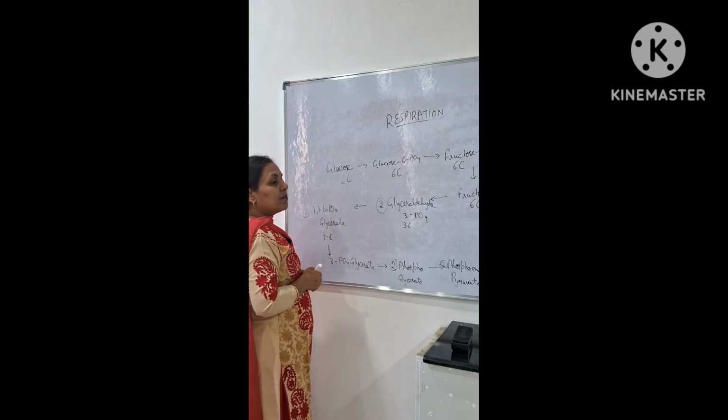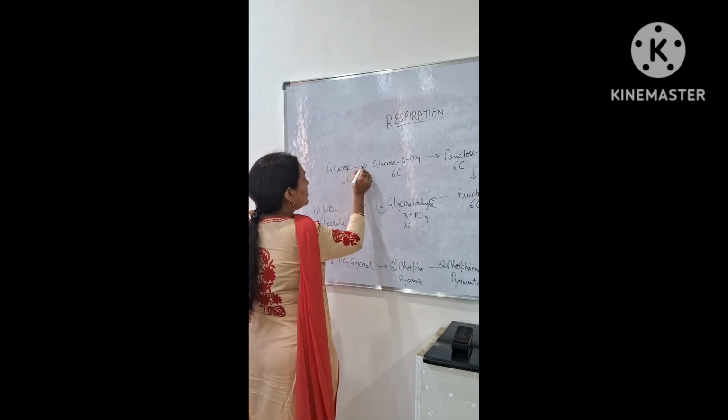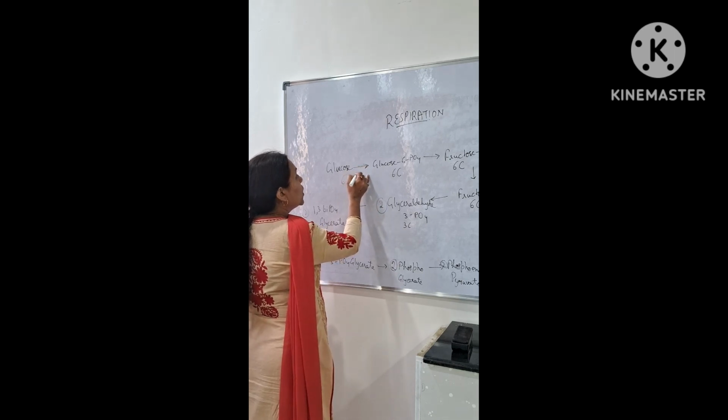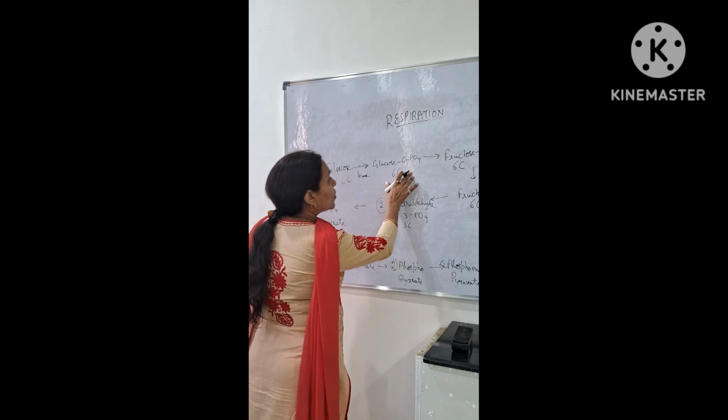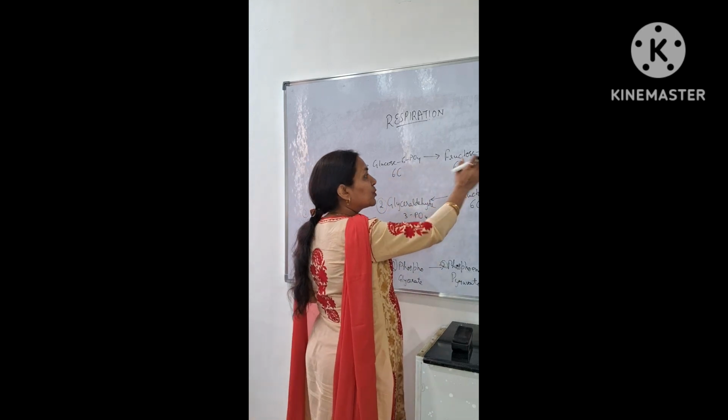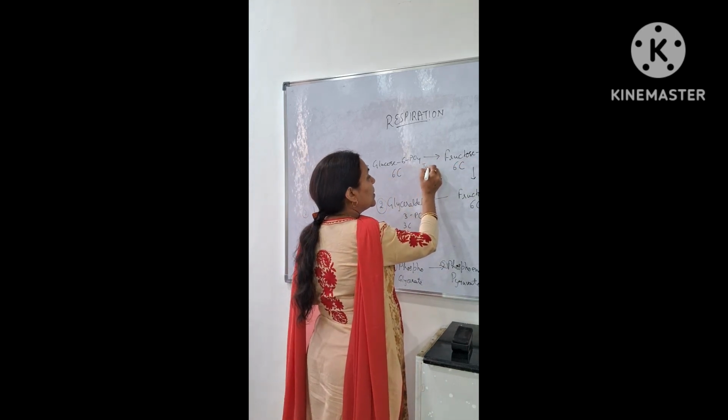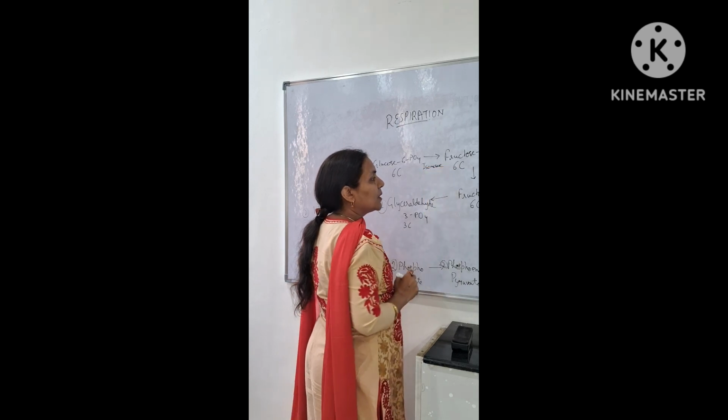So every time we have this, the enzyme will be glucokinase. Now glucose is converted to fructose, so this is simple isomerism, so the enzyme is isomerase.